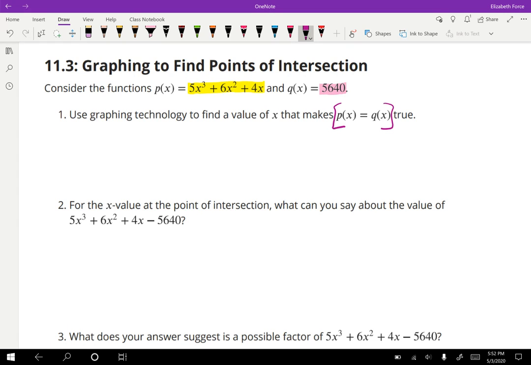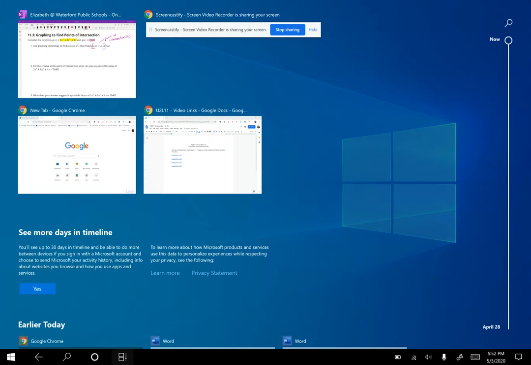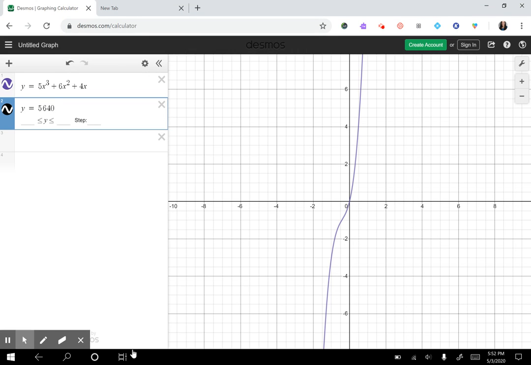Remember, when you see this notation, this just means point of intersection. Of course, there could be more than one, so I'll write points of intersection. I've already put them into Desmos for you. Here is y1, the cubic function.